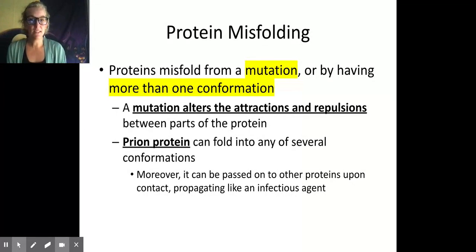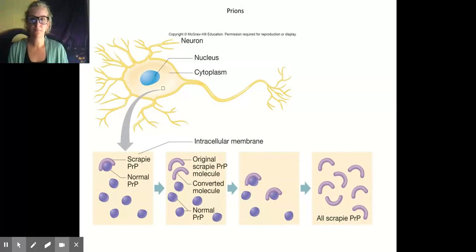What that means is if we have a protein in the body that has been misfolded and it's a prion protein, this can go to other proteins and essentially convert them into infectious proteins. That's what propagation means. The misfolded proteins can now go and infect properly folded proteins and convert them into being misshapen.